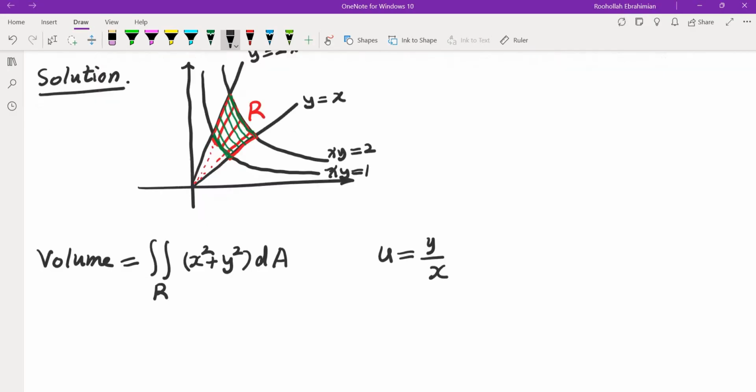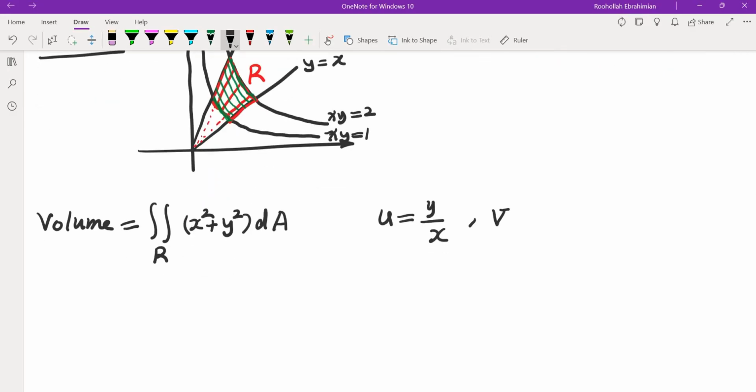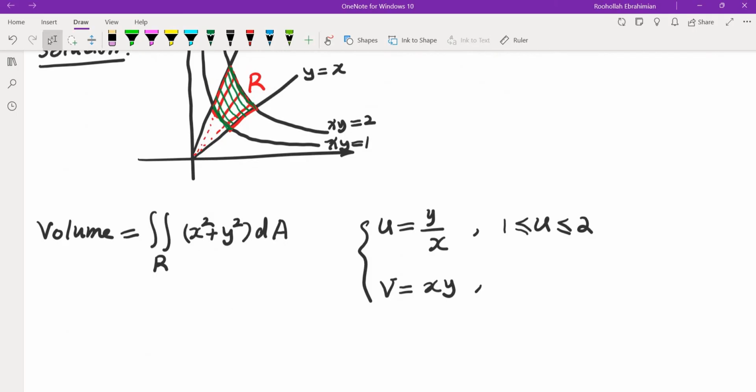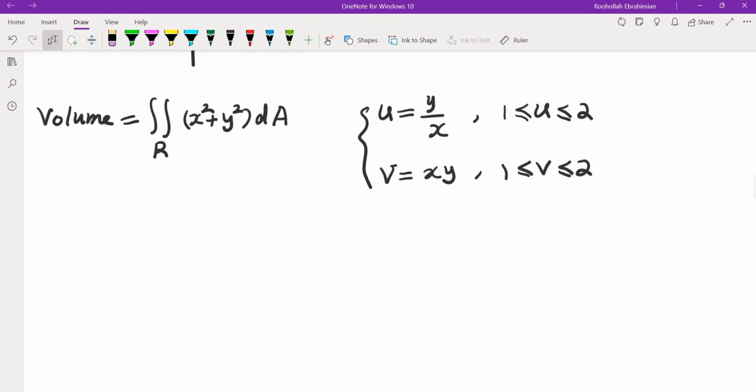So we could think about those as v equals xy. Now, if we do that, then u is between 1 and 2, based on the fact that y over x is equal to 1 and y over x is equal to 2. Those are the two boundaries of the region. And on the other end, you have xy equals 1 and xy equals 2. So these are the limits of integration when we switch to u and v.